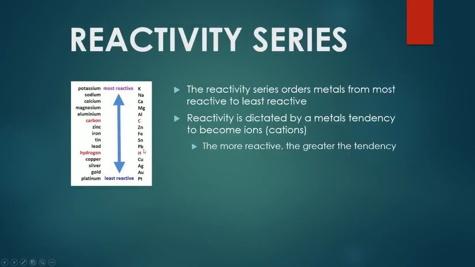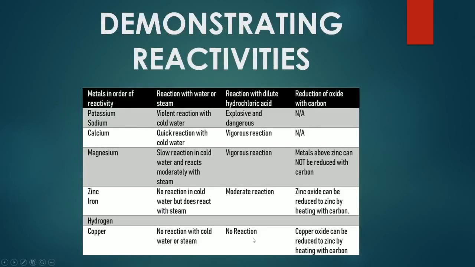So everything below carbon here, all of these metal oxides can be reduced by carbon, whereas all the oxides above carbon cannot be reduced. That is why in this table, the zinc oxide, iron oxide, and copper oxide can be reduced by carbon, therefore suggesting that these metals are less reactive than the metals above it.